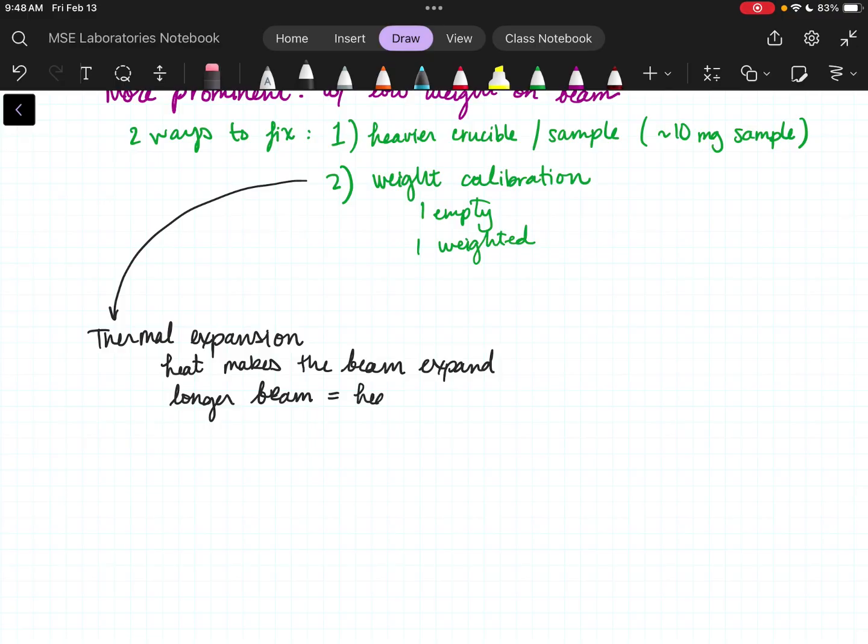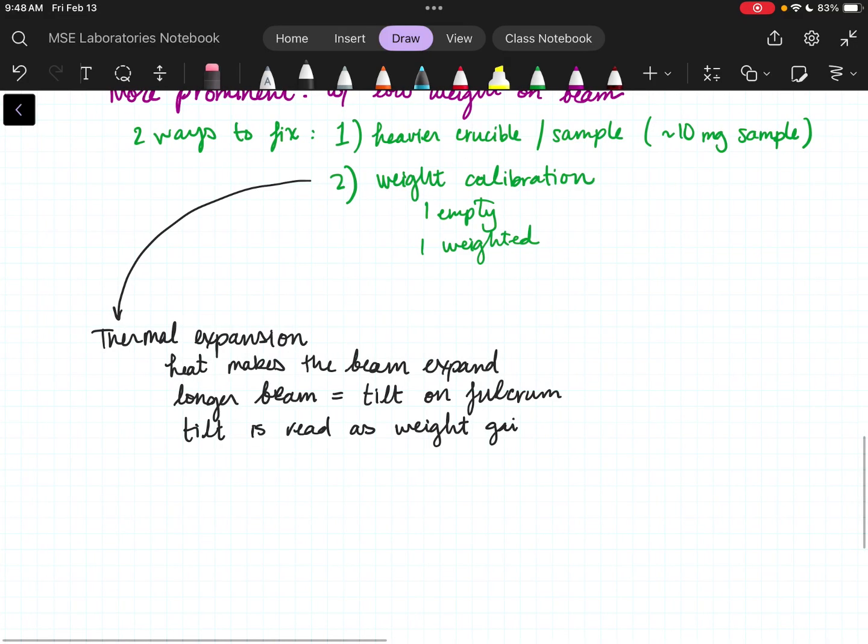In this setup, a longer beam arm makes no change to the scale, because that change in length is a volume change, and it's not a mass change. The scale here does not care. So I probably should have added that to my benefits of this one: thermal expansion.